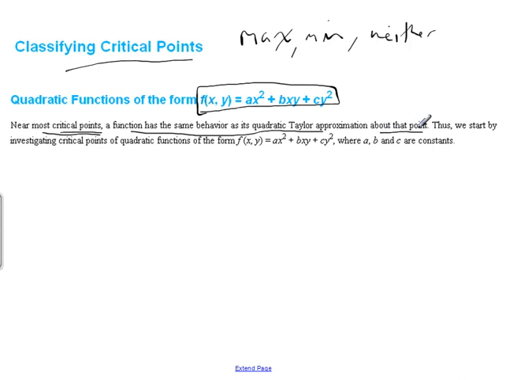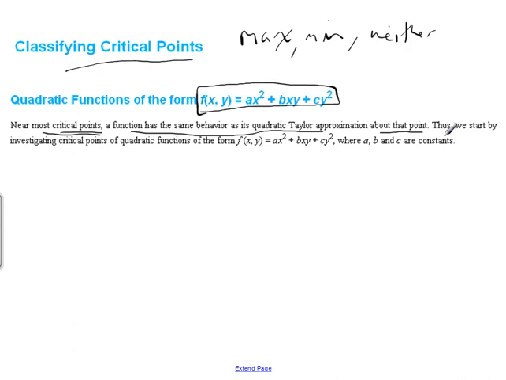In other words, local max and mins typically behave like quadratics. So if we can understand how quadratics behave, then we can understand how their Taylor approximations will behave, and we can use that quadratic Taylor approximation to find whether it's a max or min.